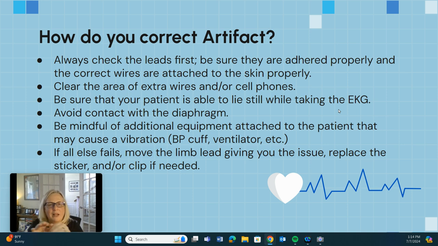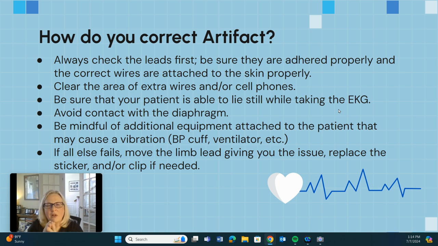Again, make sure of any additional equipment that might be attached to them, like a blood pressure cuff or ventilation, anything that's going to cause some sort of vibration. A lot of times in the hospitals, they also wear those inflation booties that help with circulation, and when they're inflating, they go zzz, they make a vibration. So that does cause it also. If all else fails, it's typically the limb leads that you're having issues with.